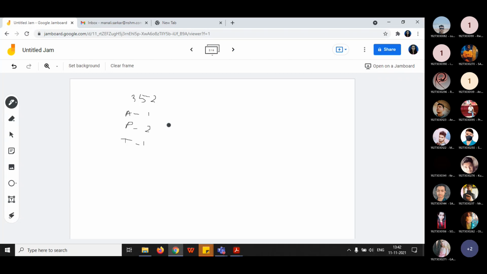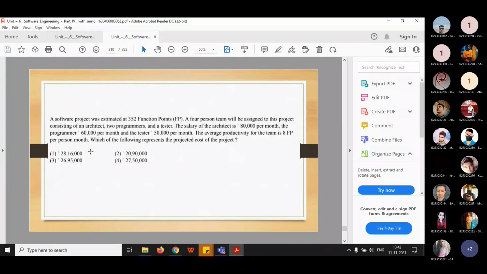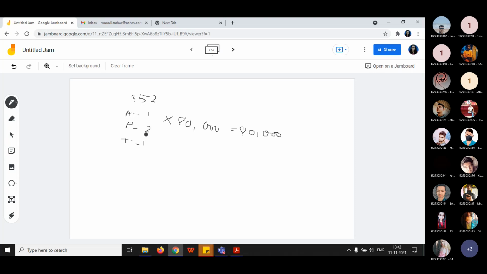So that is 1 into 80,000, which is 80,000. Next, programmer salary is 60,000 and 2 programmers are there.